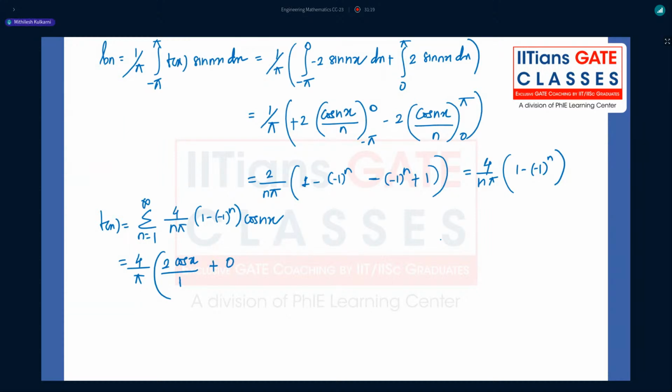Minus 1 square is plus 1, and 1 minus 1 will get cancelled out. Third term, when n equal to 3, 2 times cos of 3x by 3. Fourth term will be 0. Fifth term, 2 times cos of 5x.